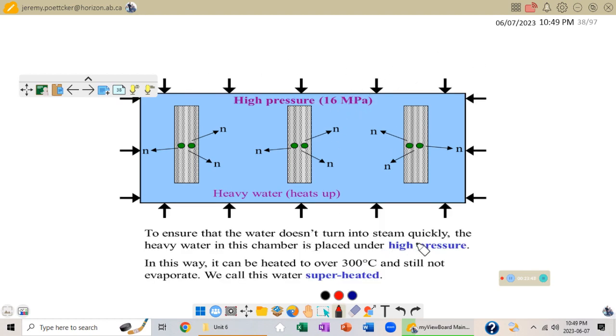To ensure the water doesn't turn into steam too quickly, the heavy water in this chamber is placed under high pressure. In this way, we can heat it to well over 300 degrees Celsius since it still doesn't evaporate. This water is now what we call superheated. Okay, so it's liquid at 300 some degrees Celsius.